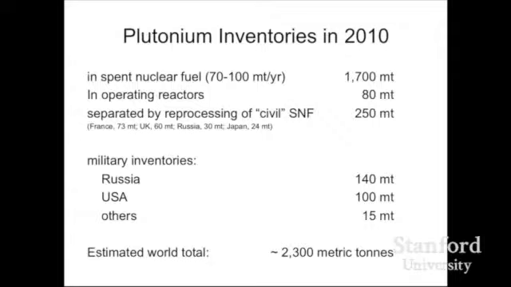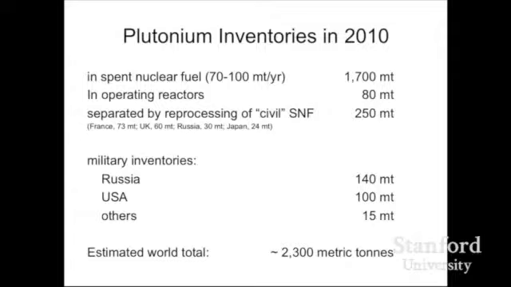We have about 250 metric tons of separated plutonium in our military or weapons inventories. And in a way, this is good because in general, countries keep track of their weapons, right? So this is very secure. What's surprising is that an equal amount of plutonium has been separated on the civilian side from power generating reactors.